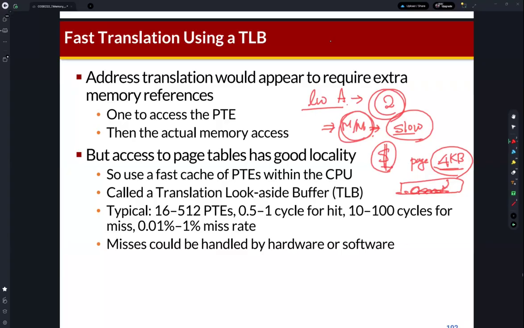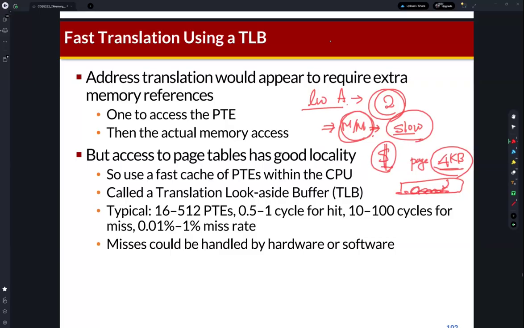The problem of virtual memory is that in order to access the page table, we need to access main memory, and main memory is slow. So we can apply a caching mechanism like the cache hierarchy, right?